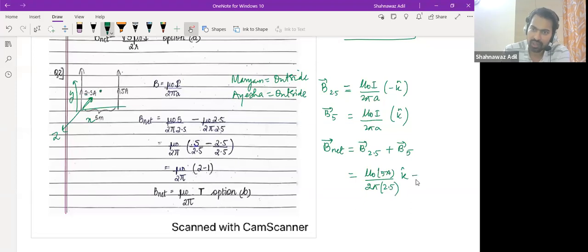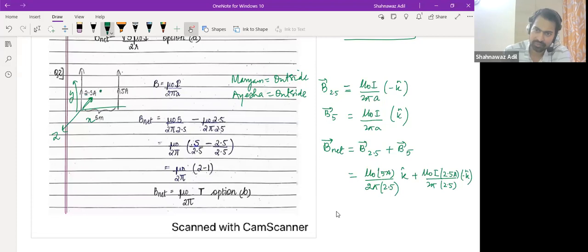Plus this one is mu naught I, and then what? 2.5 ampere, over 2 pi and A is 2.5, and minus K. Am I correct?